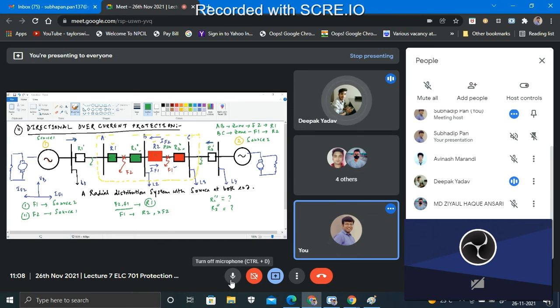Every word has value. If I think the fault occurs here, is it upstream or downstream of R1 or R2?